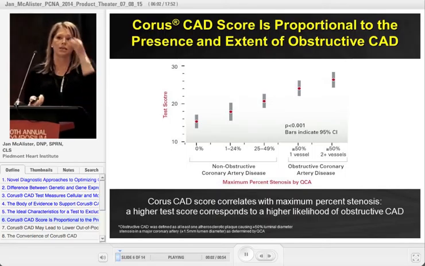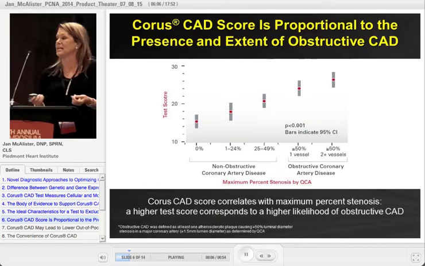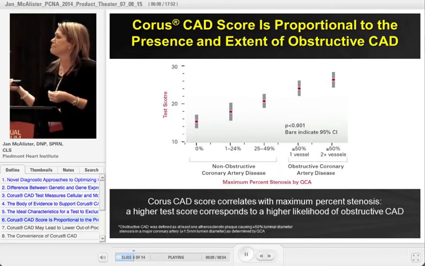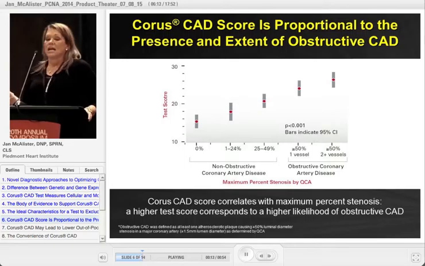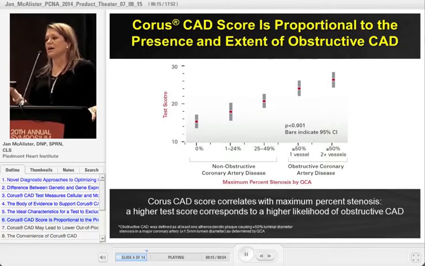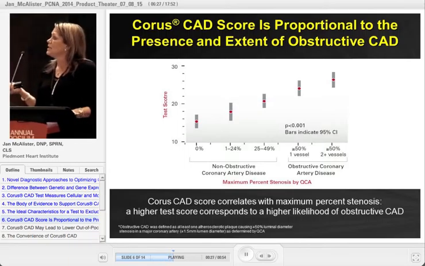Once again, going back to the validity of the study, this is looking at the previous studies which have shown us that all of these individuals in the study received both the Corus CAD and either CTA or coronary arteriograms.